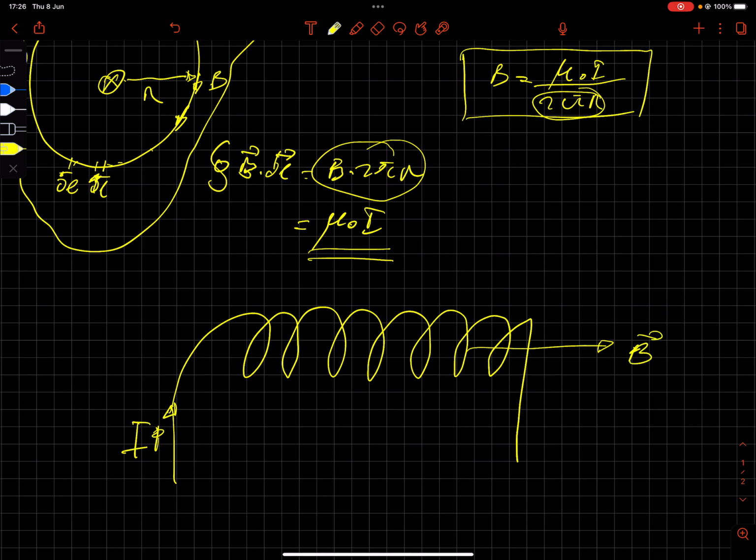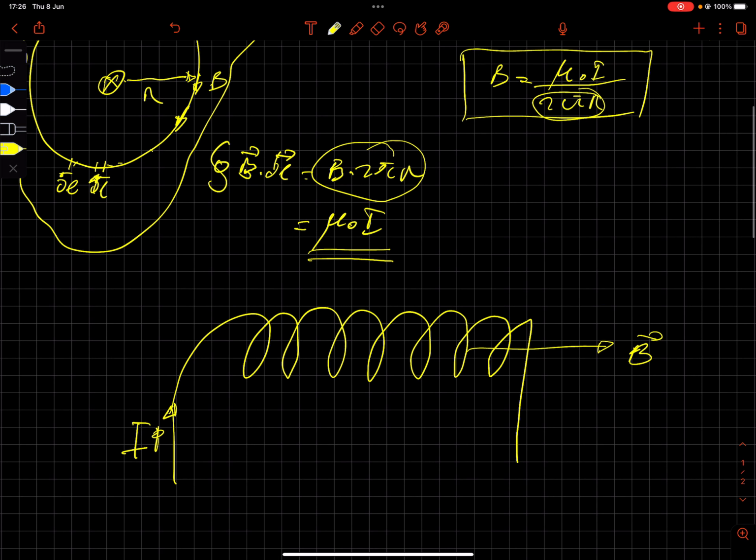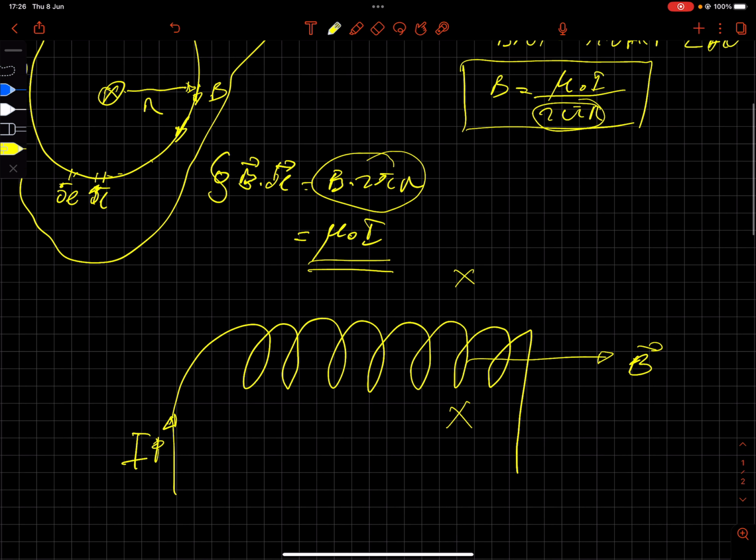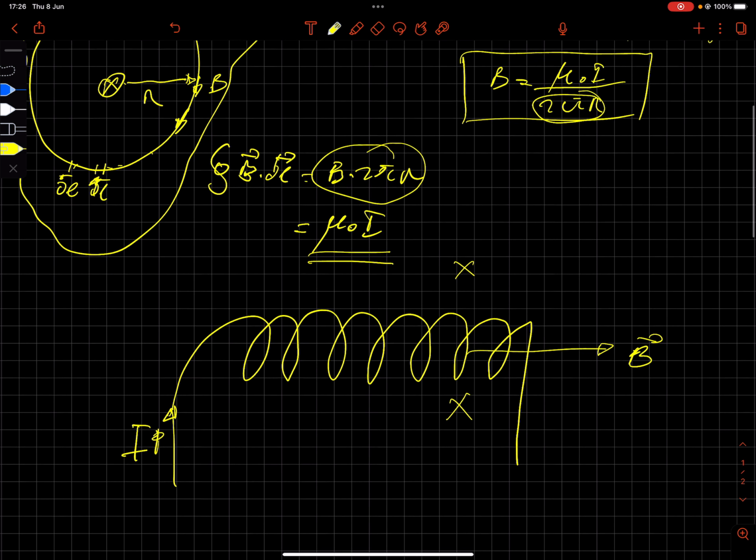And what is more interesting here is that the magnetic field outside the solenoid will be pretty much equal to 0. So let's now try to calculate the magnetic field.